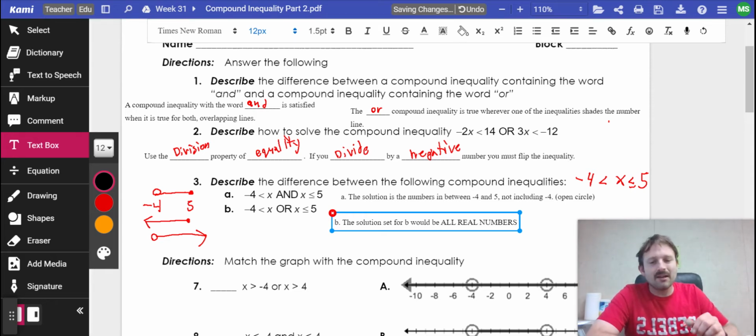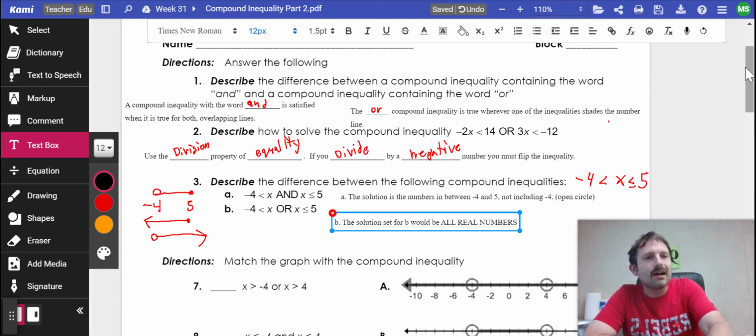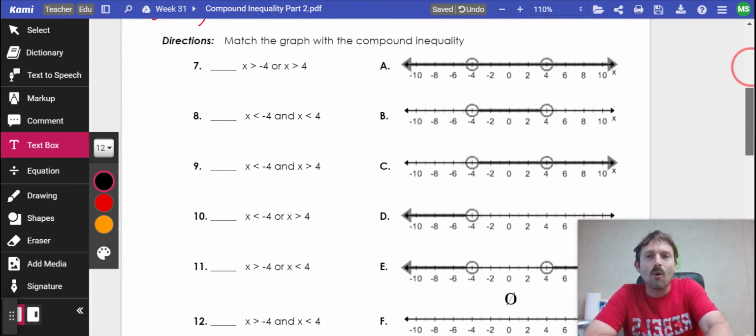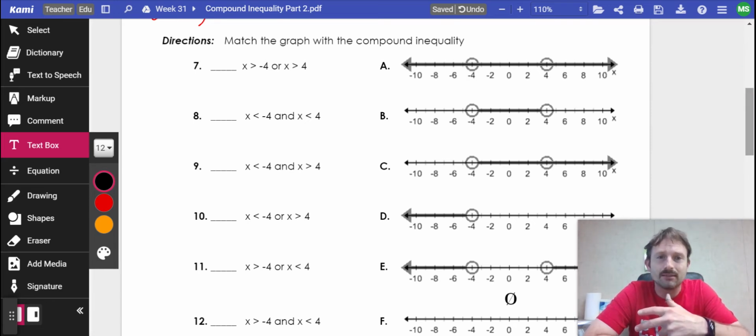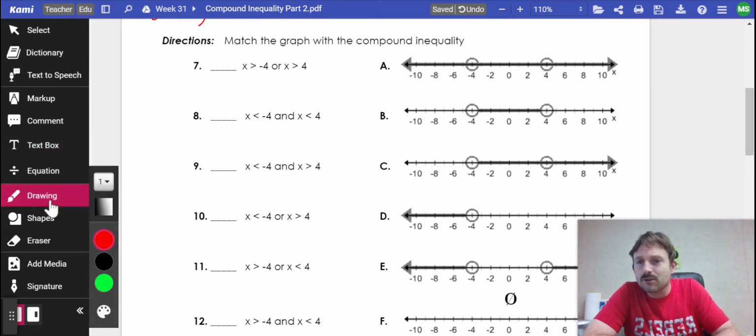Let's continue. Now for directions 7 through 12, we are going to have to match the graph with the compound inequality. Looking at this, I can do some quick drawings.